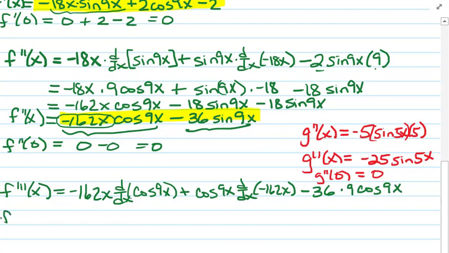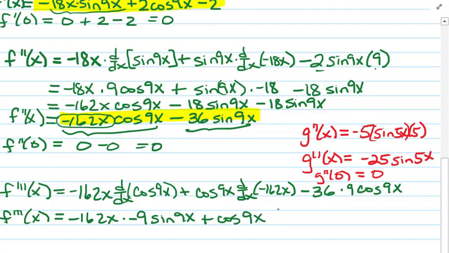Our third derivative of f is going to be negative 162x times the derivative of cosine 9x, which is negative 9 sine 9x by the chain rule, plus cosine of 9x times the derivative of negative 162x, which is just negative 162. Let's see, negative 36 times 9 is going to be negative 324 cosine of 9x.